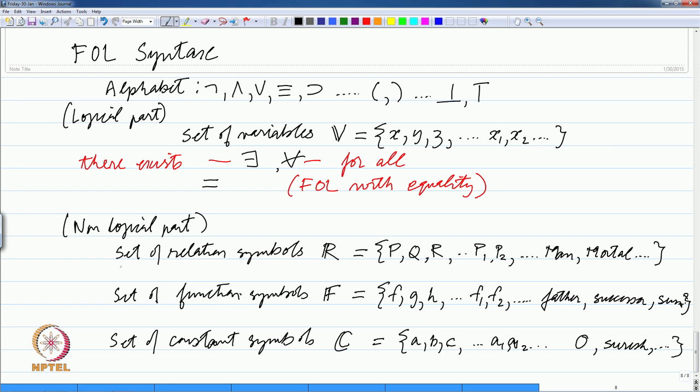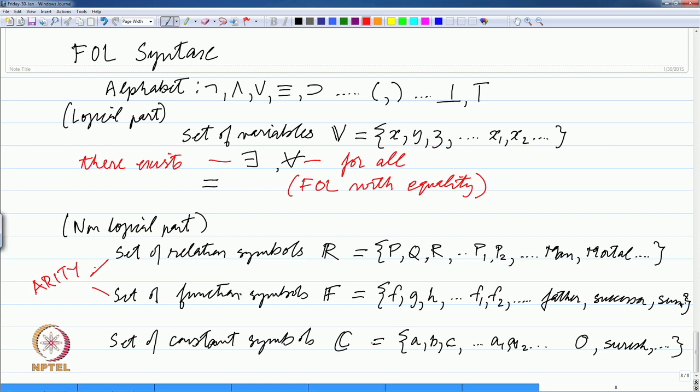Now, both the set of relation symbols and the set of function symbols have an arity associated with them, and we will see when we define the language that this arity tells you how many other symbols it takes in.